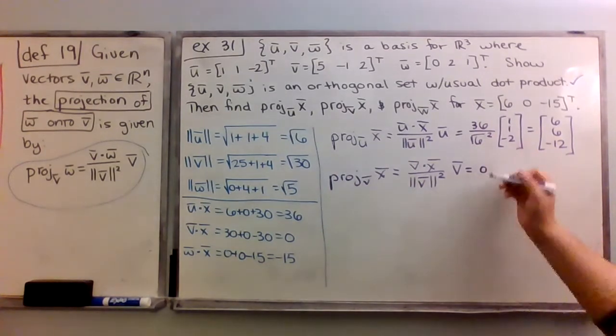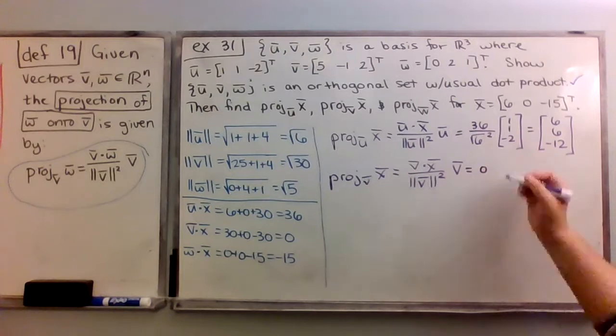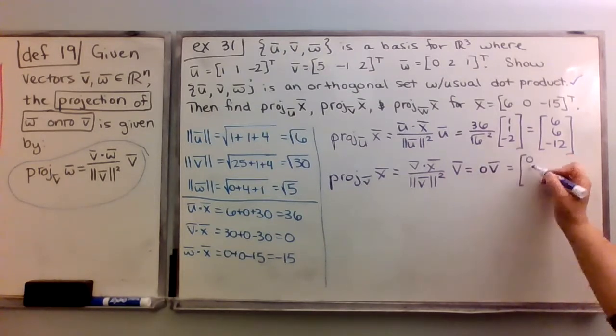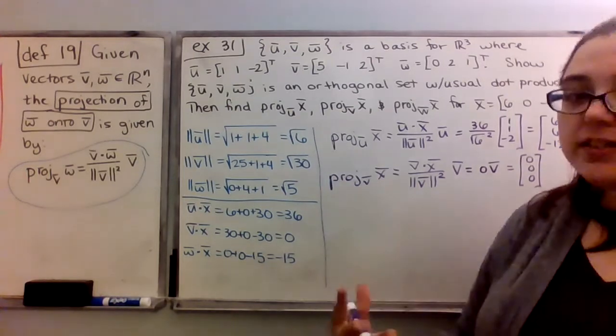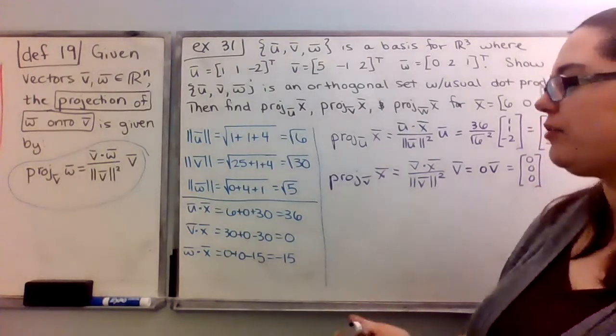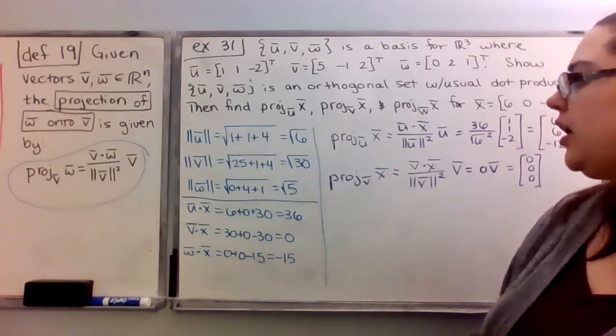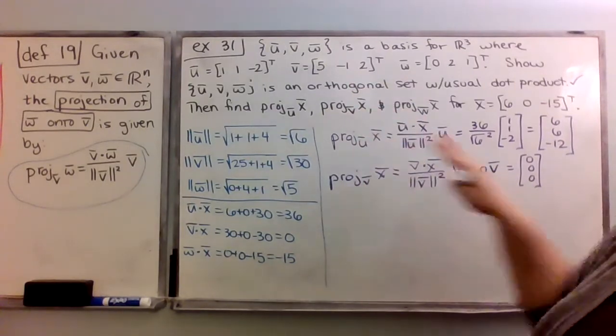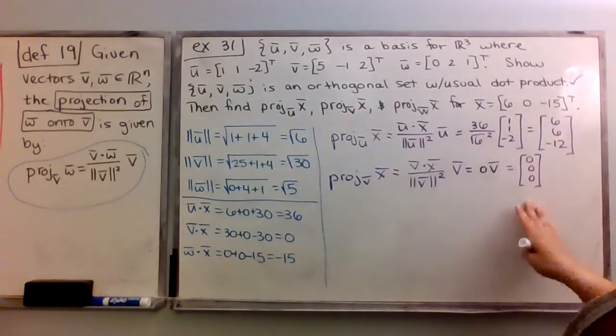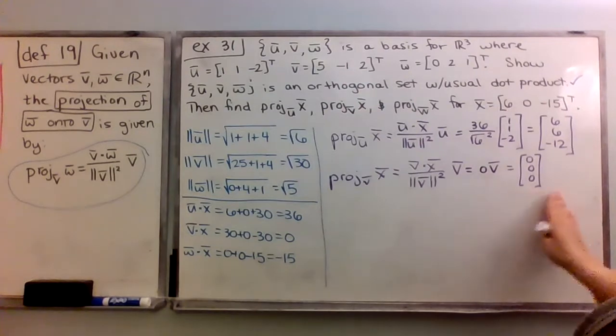So we just have 0 times whatever. So this is going to be 0 times v, which is just the 0 vector. What this means is that if we were thinking about what component of x v contributes to, v doesn't contribute to this vector x at all. So it doesn't show up.